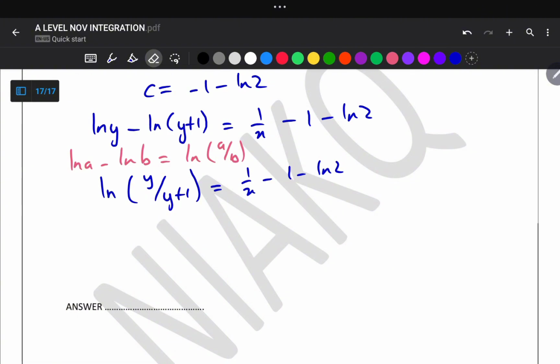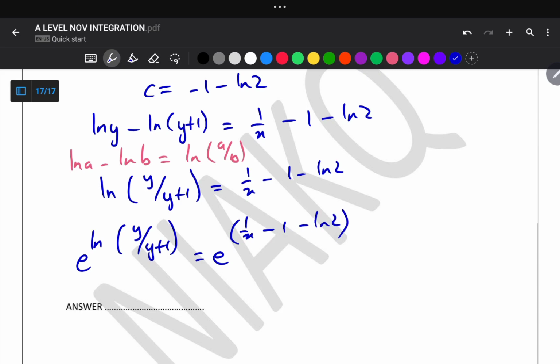So for us to get rid of this ln, we are going to apply the exponential to both sides. So it is now e to the power ln of y over y plus 1 being equal to e to the power of 1 over x minus 1 minus ln 2.